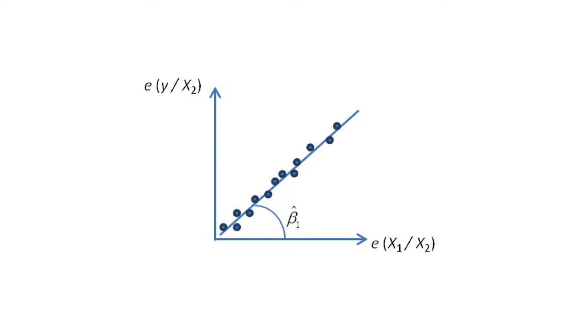Consider an example. This is the model y equals beta naught plus beta 1 x1 plus beta 2 x2 plus epsilon.